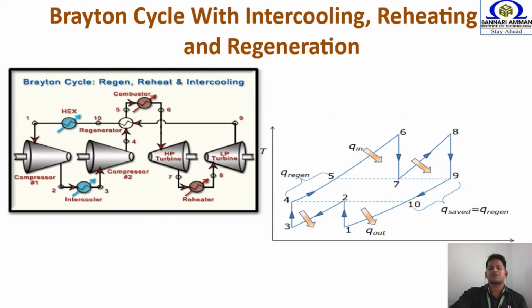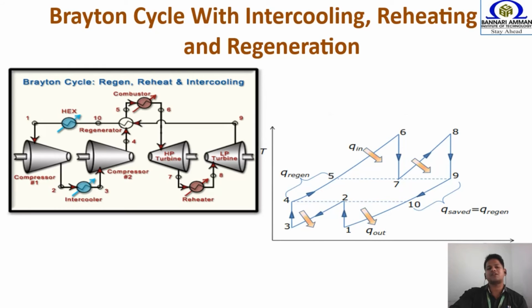Now we can discuss the TS diagram of the modified Brayton cycle with intercooling, reheating and regeneration. You see, now we have an intercooler, a regenerator and a reheater. As usual, the first process is isentropic compression.